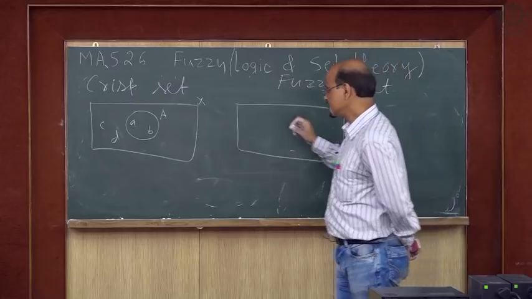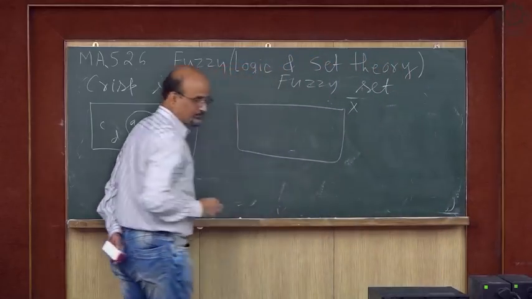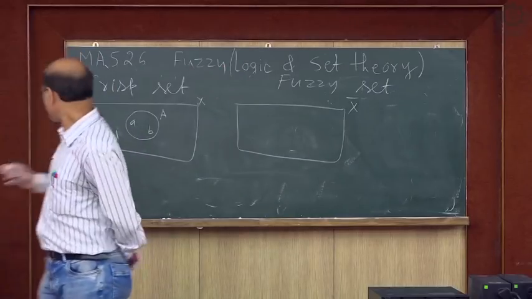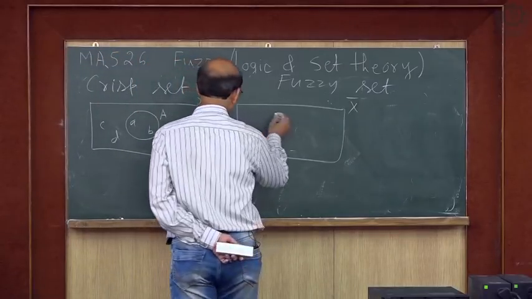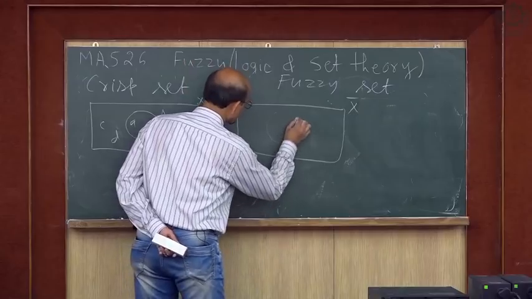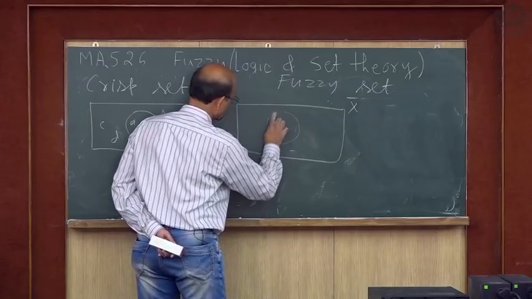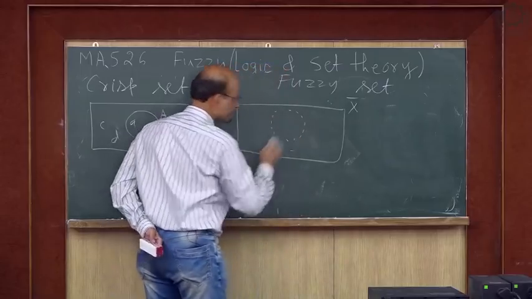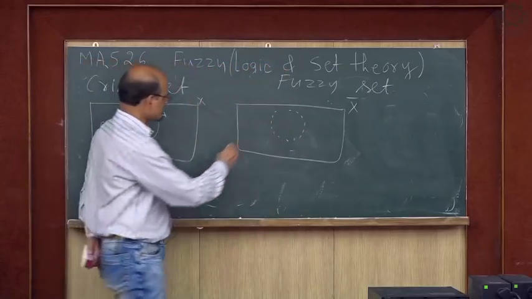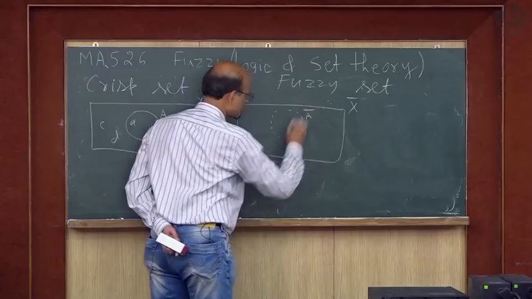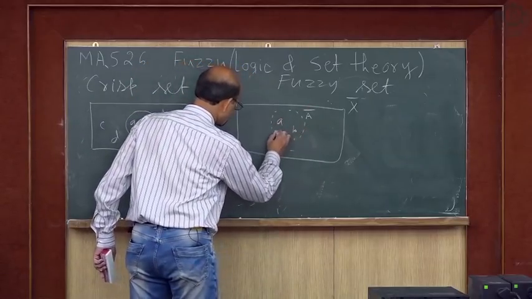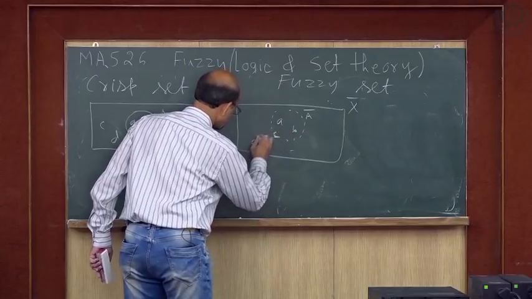X bar, so here the fuzzy set I told that its boundary is vague. I cannot define like this boundary. So, I can give just by dots. And this is your A bar fuzzy set, and suppose we have A here, B here and C here, D here.